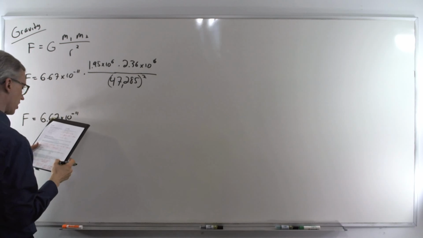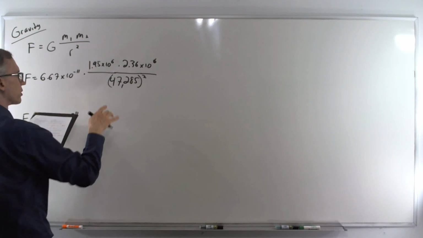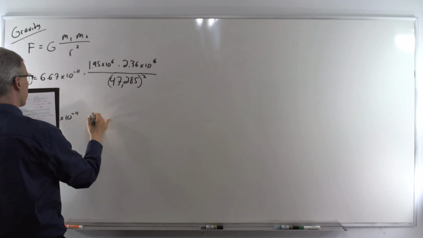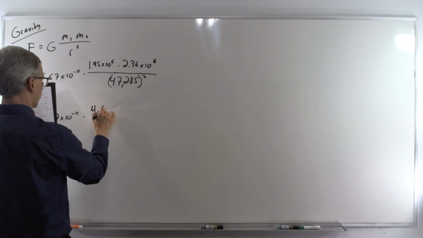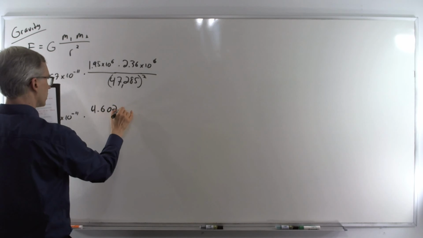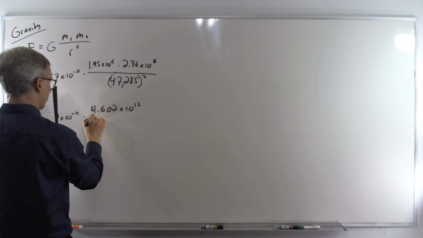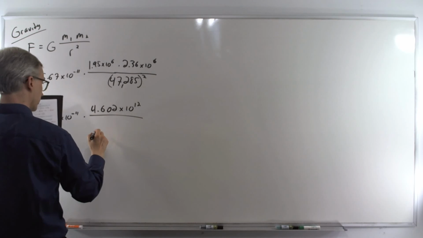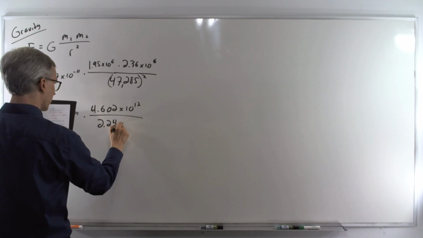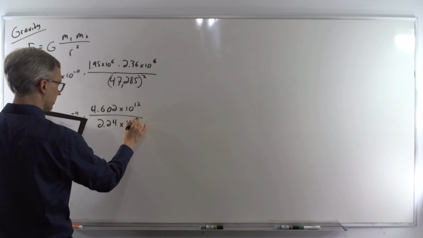All right, multiplying across on top, make sure you can do a calculation like this in your calculator. Multiplying those, and we get 4.602 times 10 to the 12th over, and then if we square the bottom number, that's 2.24 times 10 to the 9th.